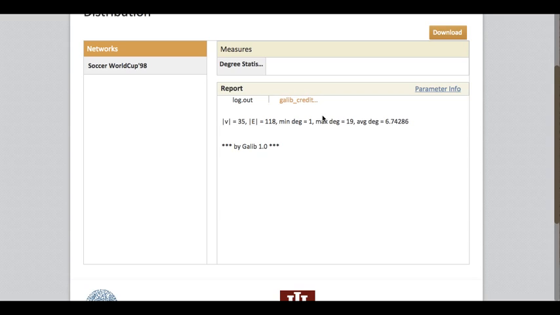Minimum degree, 1. Maximum degree, 19. Average degree, 6.74286.